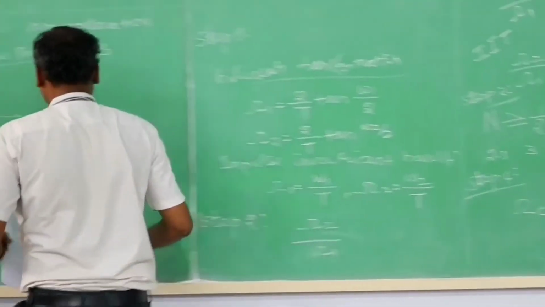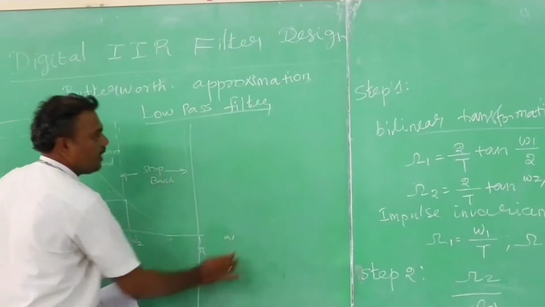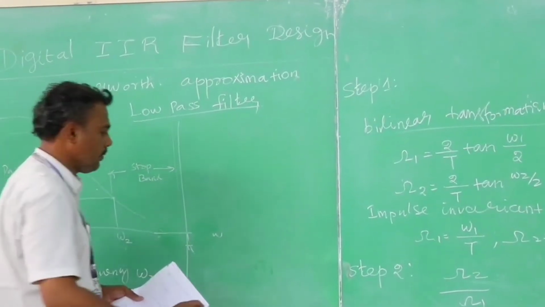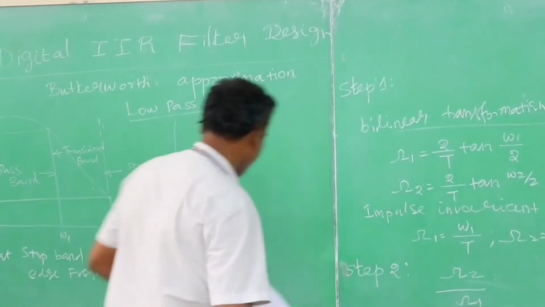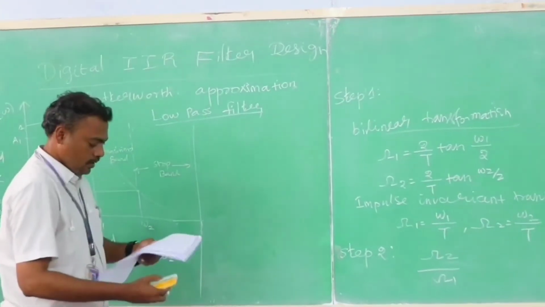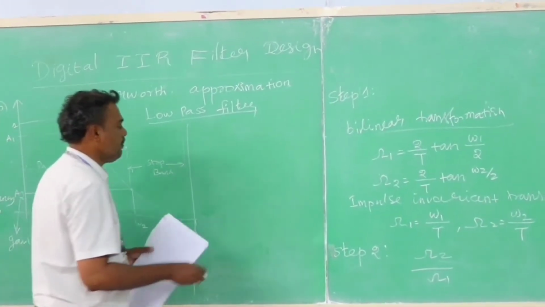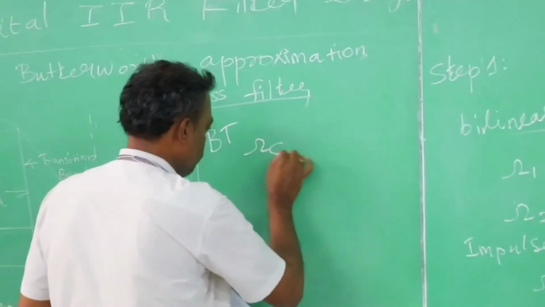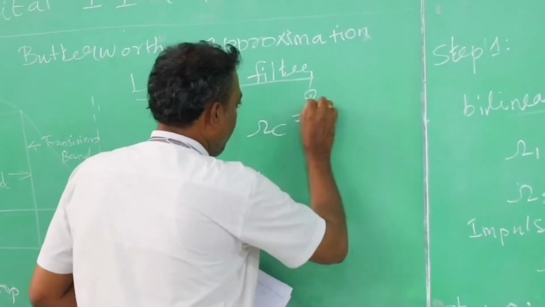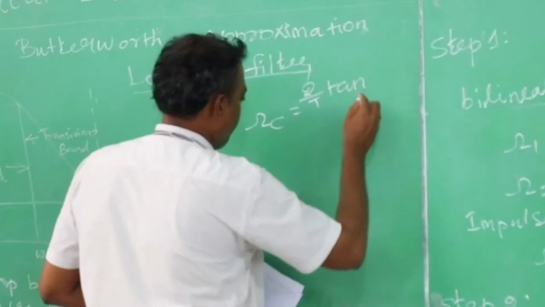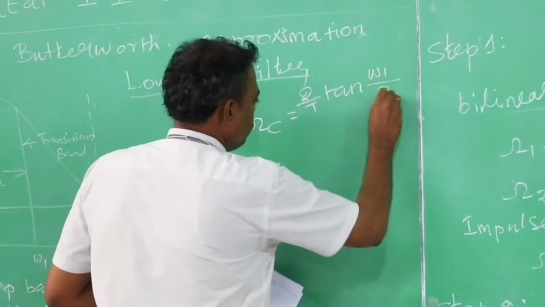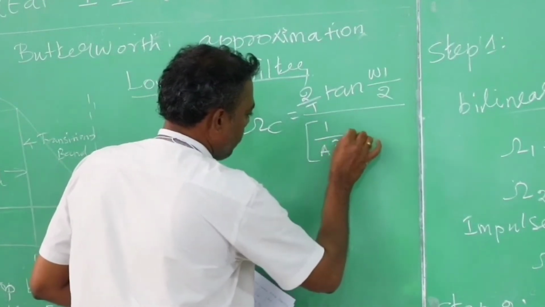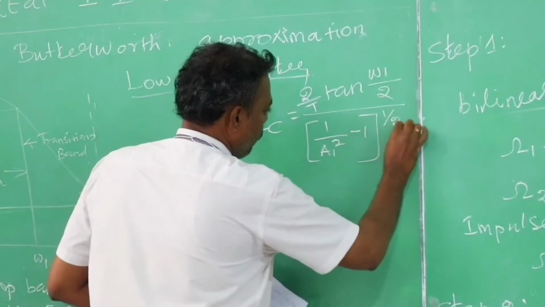Suppose you consider the bilinear transform, then ohm C is equal to 2 by T tan of omega 1 by 2 divided by (1 by A1 square minus 1) power 1 by 2n.